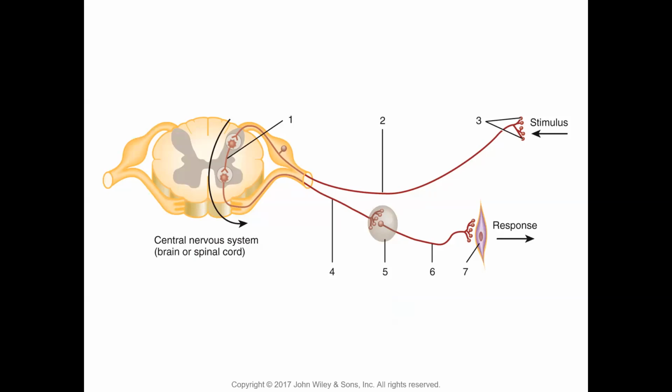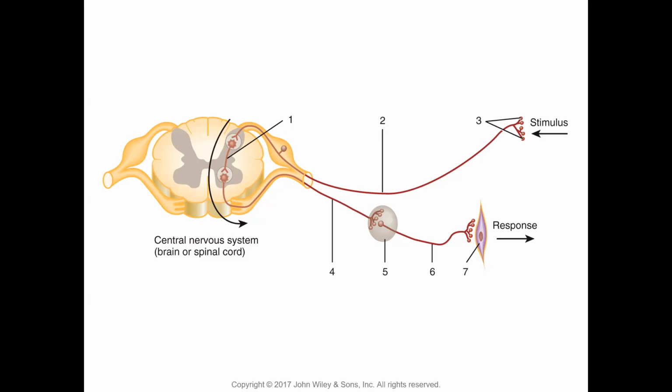Just making sure you identify all the parts in this figure. Number 1 is the interneuron. Number 2 is the axon of the sensory neuron, or the afferent neuron. Number 3 is the sensory receptor. Number 4 is the axon of the preganglionic motor neuron. Number 5 is the autonomic ganglion, which could be a sympathetic or a parasympathetic ganglion, depending on which reflex arc we are looking at.